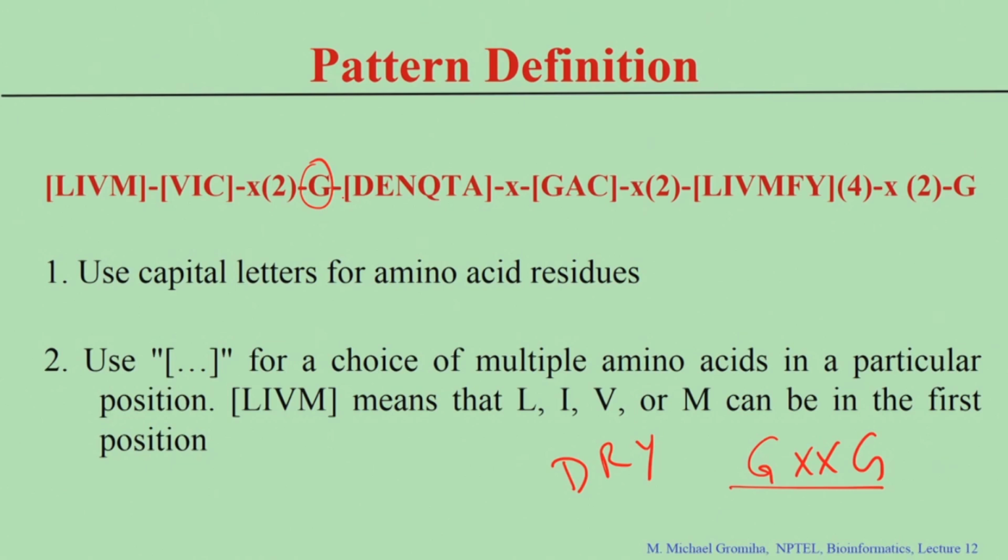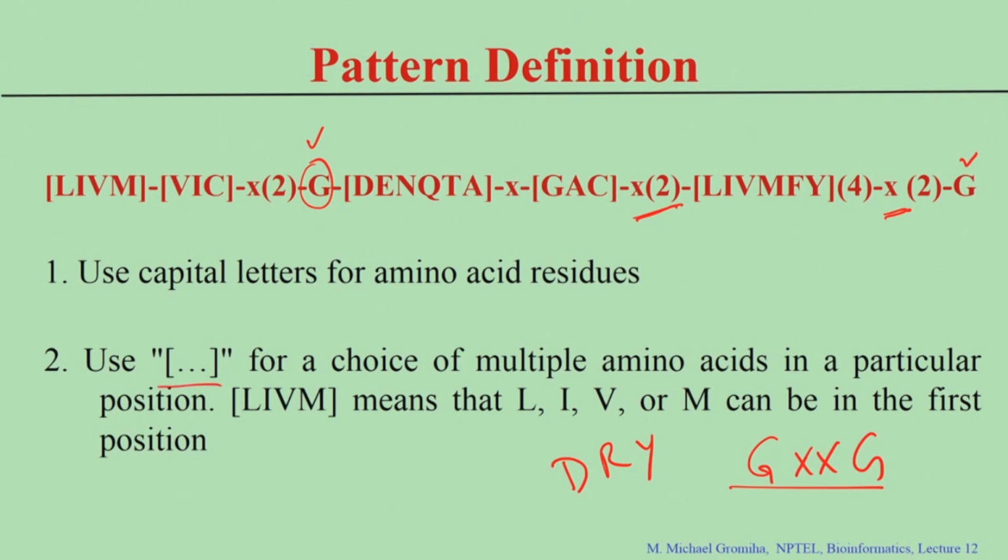So, we cannot change this at this place as well as at this place. They put X. What is the meaning of X? Any residue, right. All the 20 amino acid residues, any residue, is allowed at this particular position. Then we have these numbers. A number means the number of times, so 2 means 2 times we can follow the same notation.